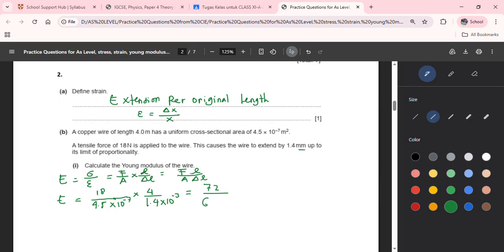I got 6.3 times 10 to the power of minus 10, and we divide them. 72 divided by 6.3 times 10 to the power of minus 10, which is 1.14 times 10 to the power 11 Pascal. Yeah, this is the answer.